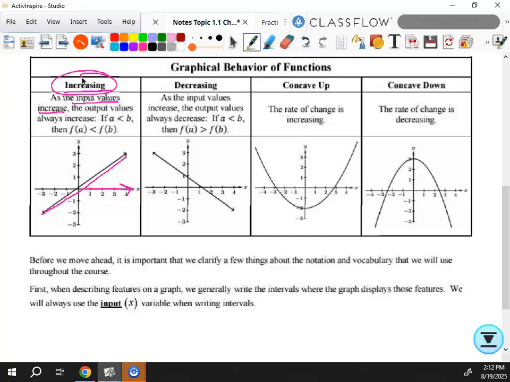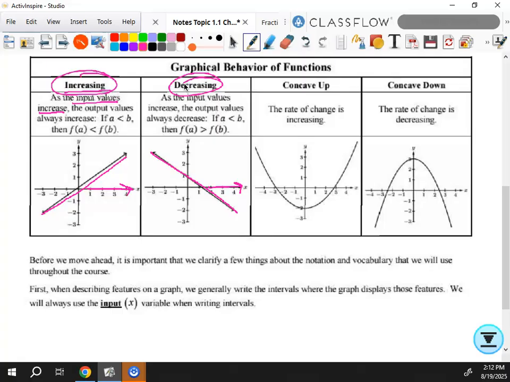Now, increasing and decreasing parts of the function, that may be something that you've already talked about, but I know there's some other stuff in here that you haven't. So again, for this one, as x increases, as my input values go from left to right, my output values are getting smaller. That means the function itself is decreasing. So no matter what, input is increasing, and then we decide what's happening with the output.